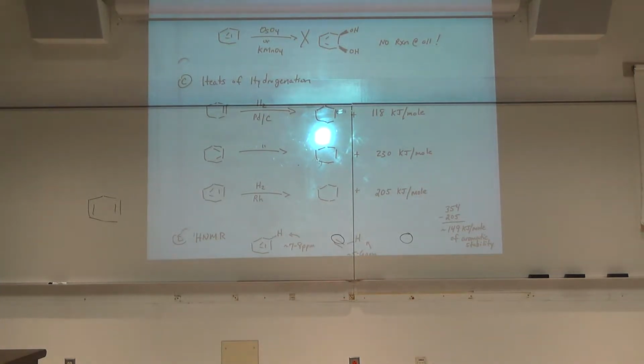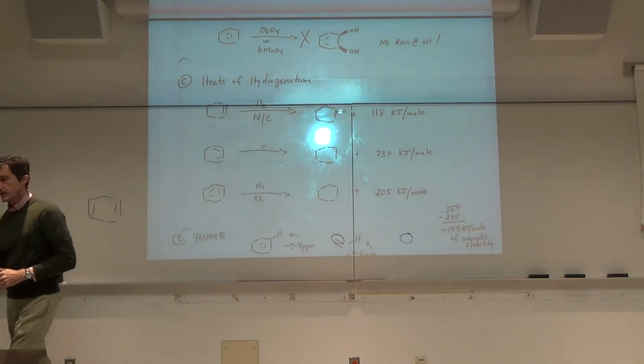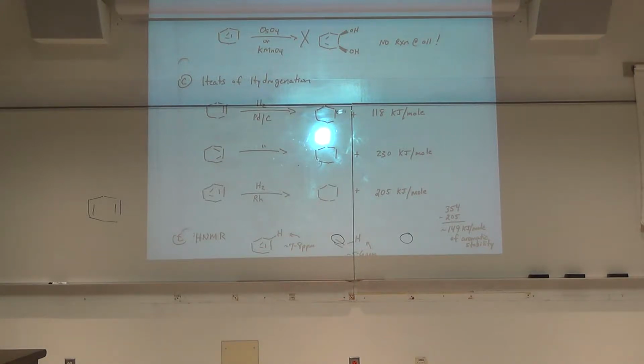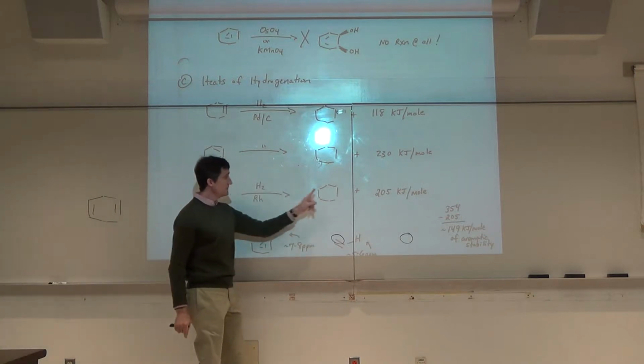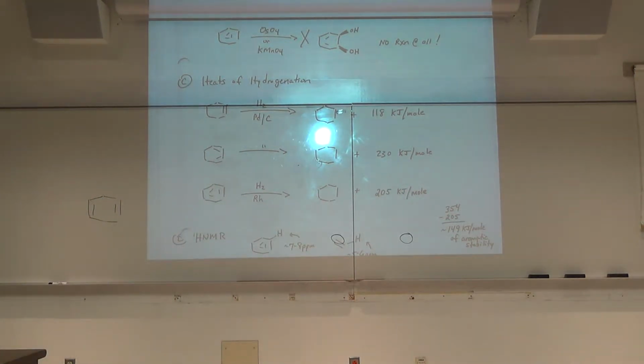Those tend to be more active than your standard palladium or platinum or nickel. You also tend to have to use pretty high pressure. That's not noted here. So it's reluctant to be hydrogenated. You can do this. You can convert benzene to cyclohexane. It's very reluctant to do it, and usually you don't do it. It's very rare.